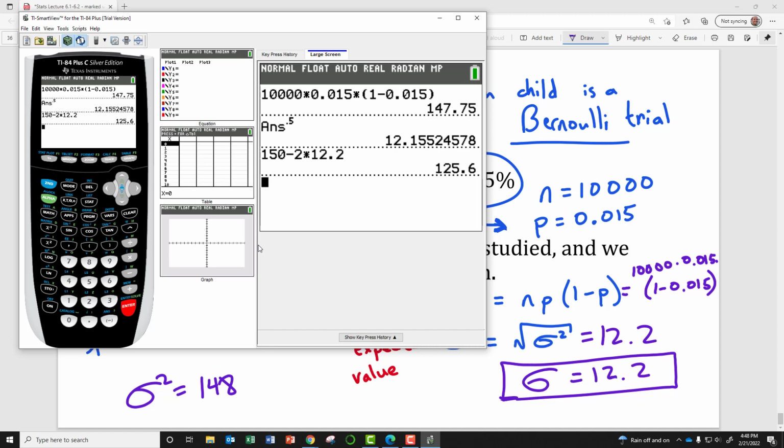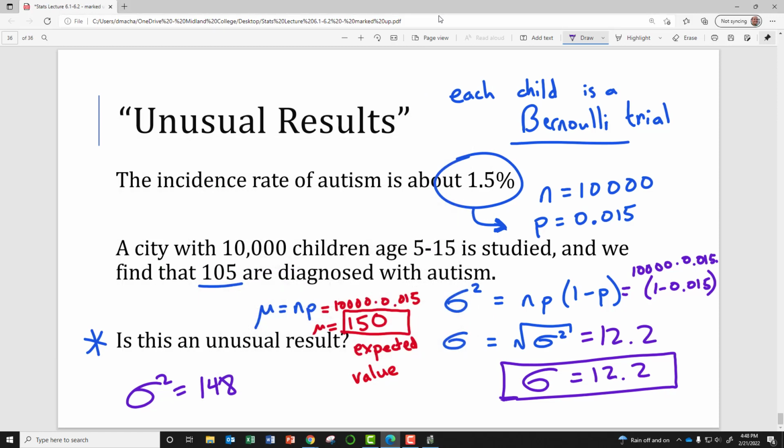What that means is anything less than 125.6 qualifies as an unlikely or unusual result. So in this case, finding only 105 diagnoses among 10,000 children is unlikely, or unusual. And that's how you'd answer this type of question.